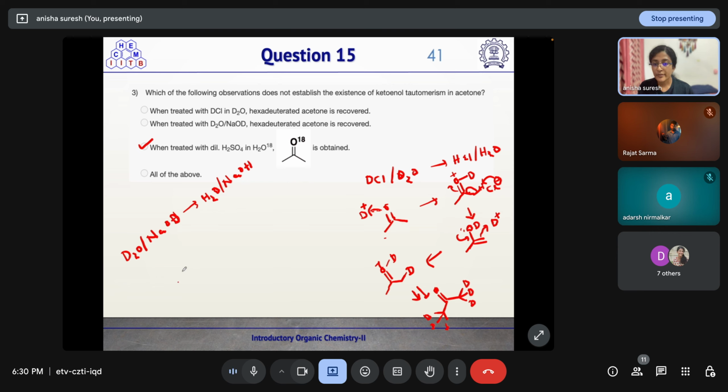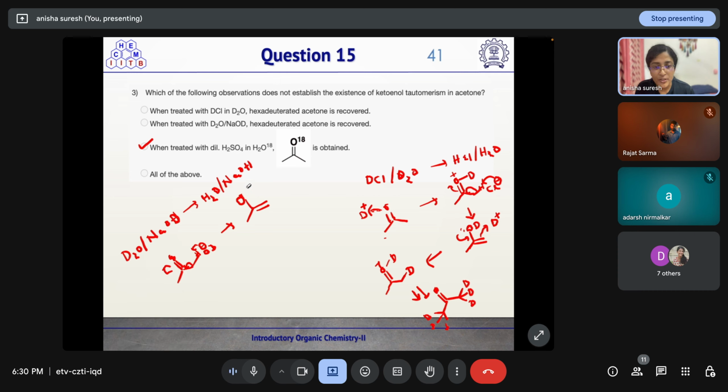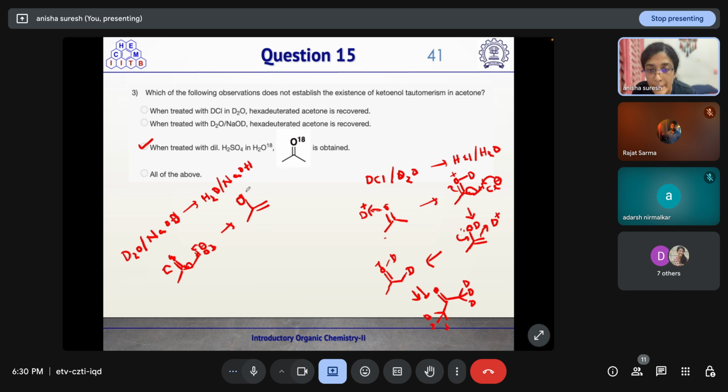If acetone is present, this OD minus can abstract the proton and lead to formation of enol. Sorry for this bad drawing, my pen is having some error today.